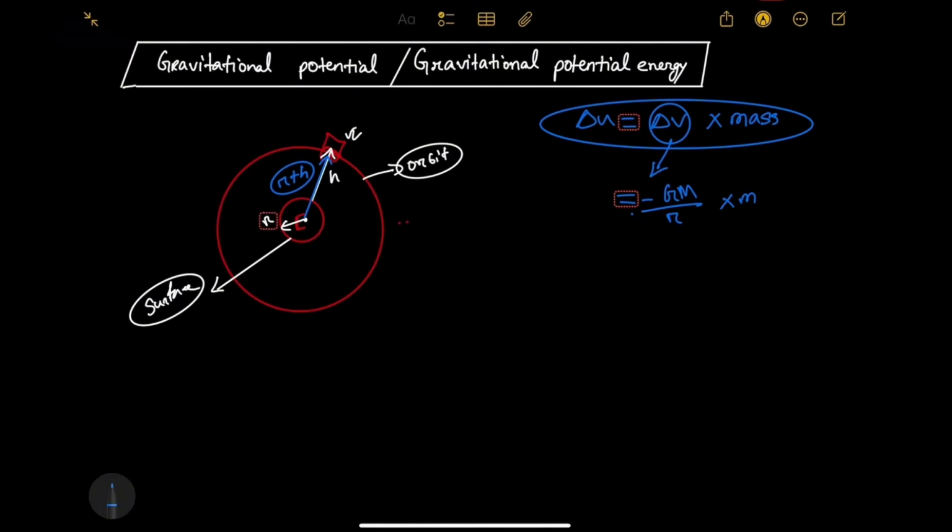Now you might ask me, why is the gravitational potential negative here? The reason behind the gravitational potential being negative is that at infinity, we say gravitational potential is zero. At infinity, the gravitational potential or gravitational potential energy is zero. But the orbit at which the satellite will be orbiting is not at infinity, right?